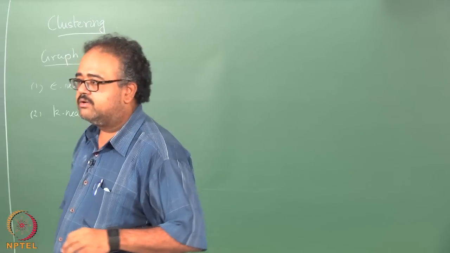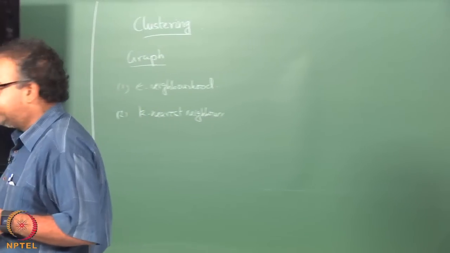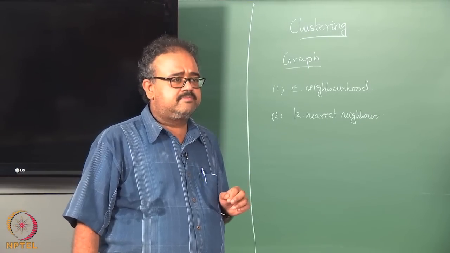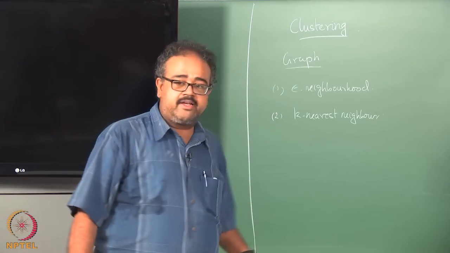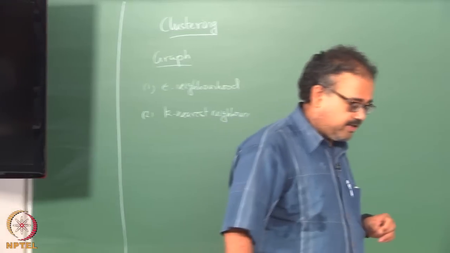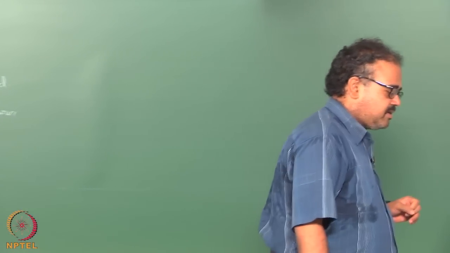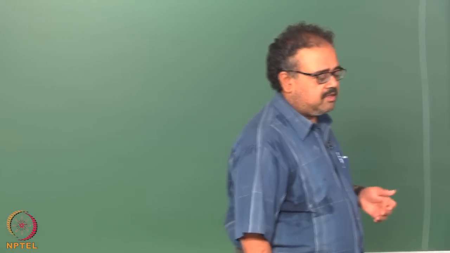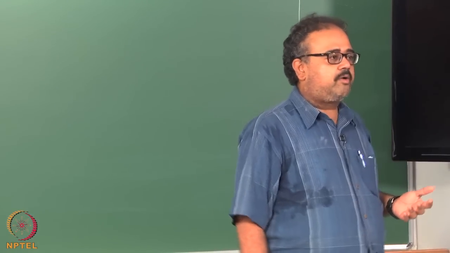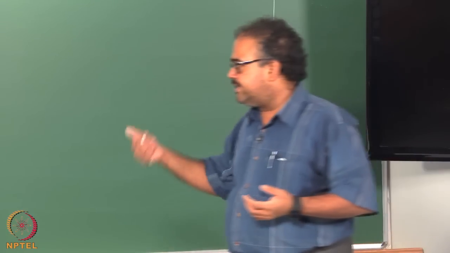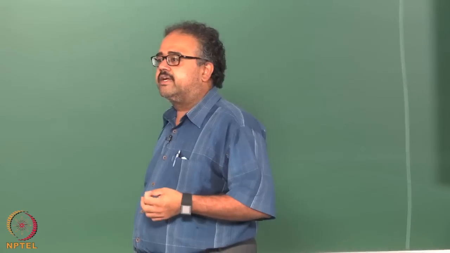So the most general form of this k nearest neighbor graph should be a weighted directed graph. In the epsilon neighborhood case it will be an unweighted undirected graph, in the k nearest neighbor case it will be a weighted directed graph, but for reasons of convenience and because there is a larger class of methods that operate with undirected graphs, we tend to treat the k nearest neighbor graph also as an undirected graph, essentially we ignore the direction on the arrows.